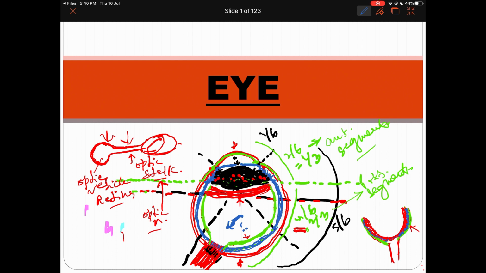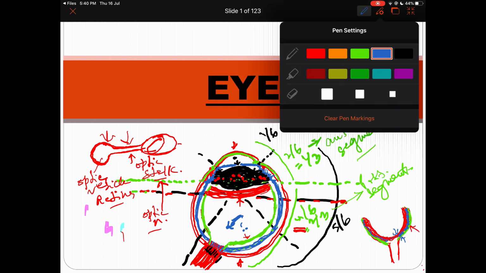So now there will be continuous 10 layers, from the outer first layer to the innermost 10th layer, with 8 more in between. The intraretinal space has been obliterated here. Now watch here.